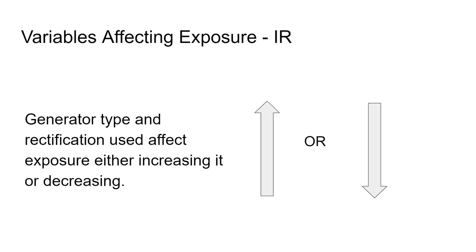So if you have a technique that works with a less efficient generator, and now you move to a more efficient generator but you don't change your technique, that results in an overexposure to the patient, and technically to the image receptor as well. So the rule is, if you have a technique that works with a less efficient generator, moving to a more efficient generator should allow you to reduce your mA, your time, your mAs. Yes. Okay.